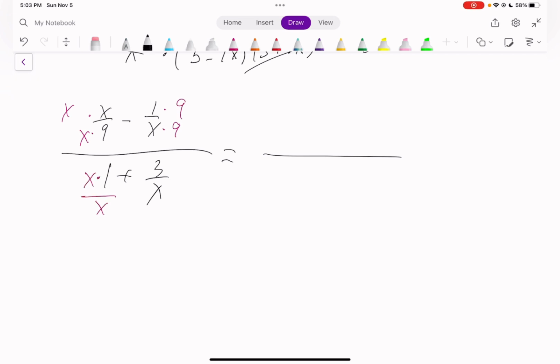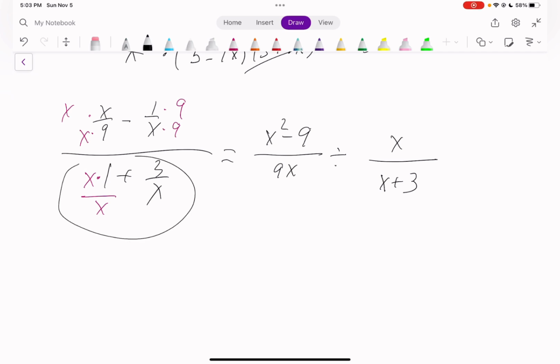And I'm getting, I'm going to rewrite this way. So x squared minus 9 over 9x divided by x come here, x plus 3. So this fraction, I'm getting x, here x plus 3, and I flipped. There we go.